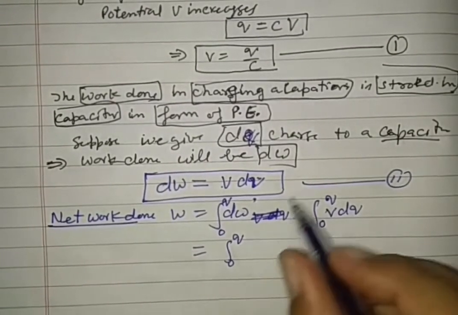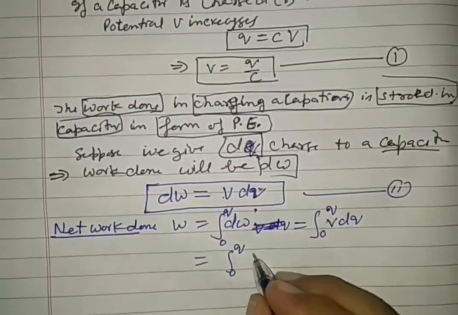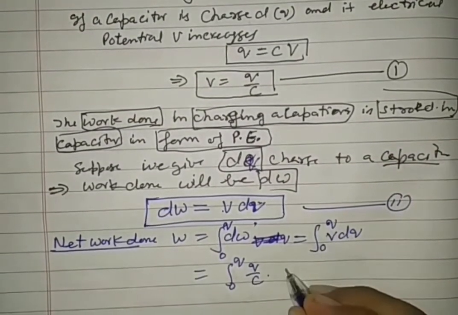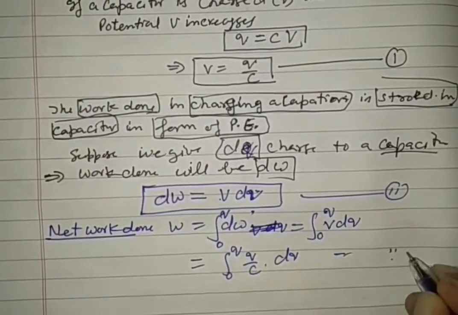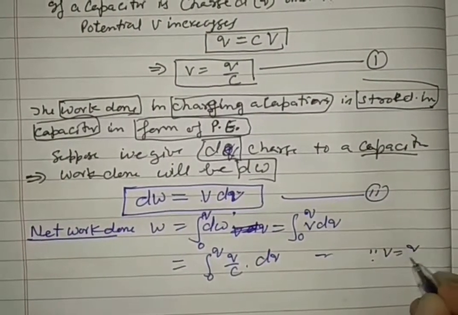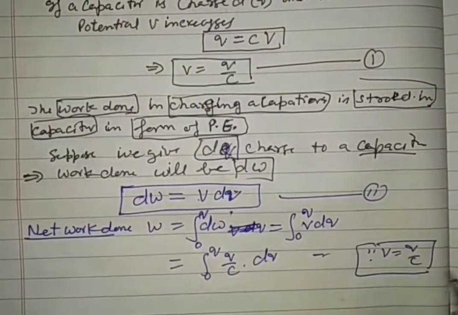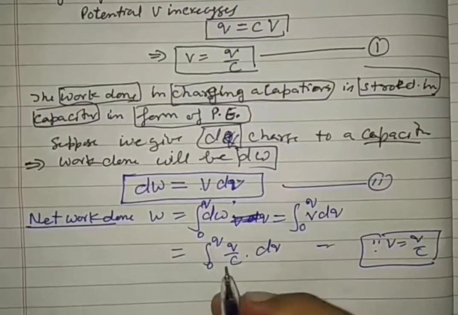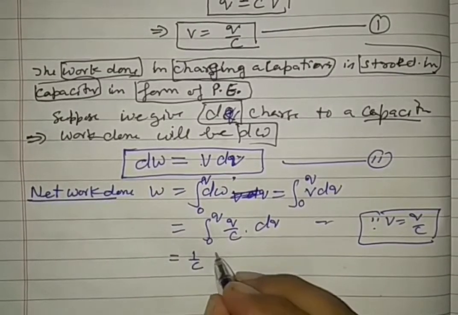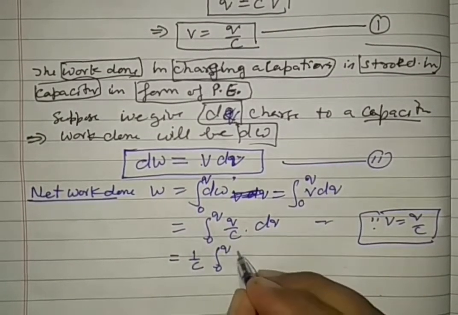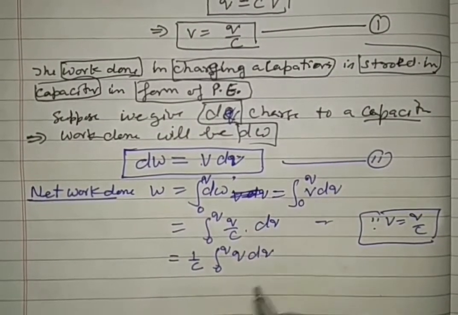Now this V is given by equation 1 as q by c, so the integral of q by c dq. 1 by c is common, so the integral from 0 to q of q dq.